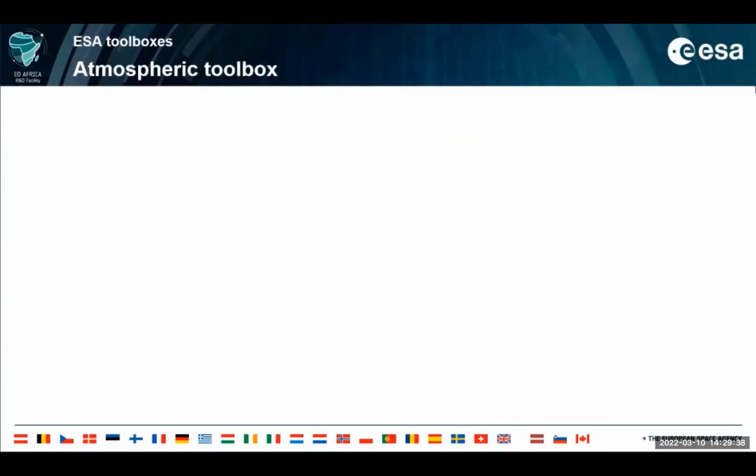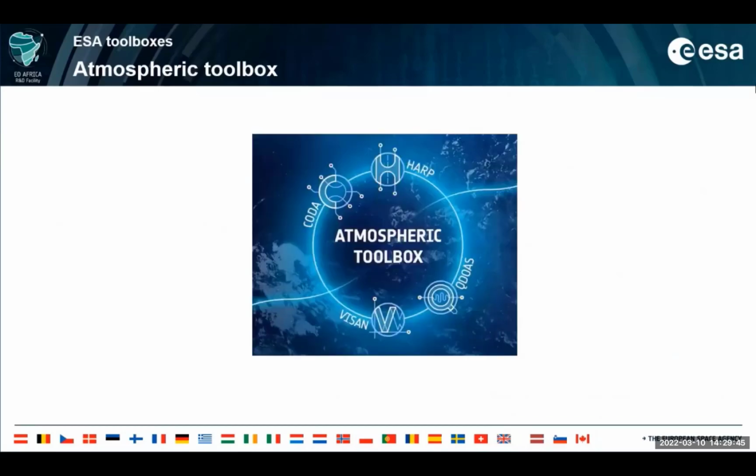The last ESA toolbox, which I am going to present to you today, is the Atmospheric Toolbox. The Atmospheric Toolbox aims to provide scientists with tools for ingesting, processing, and analyzing atmospheric remote sensing data.